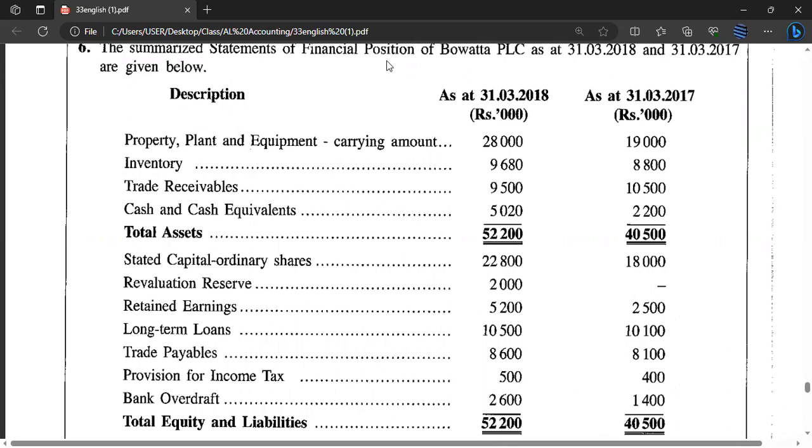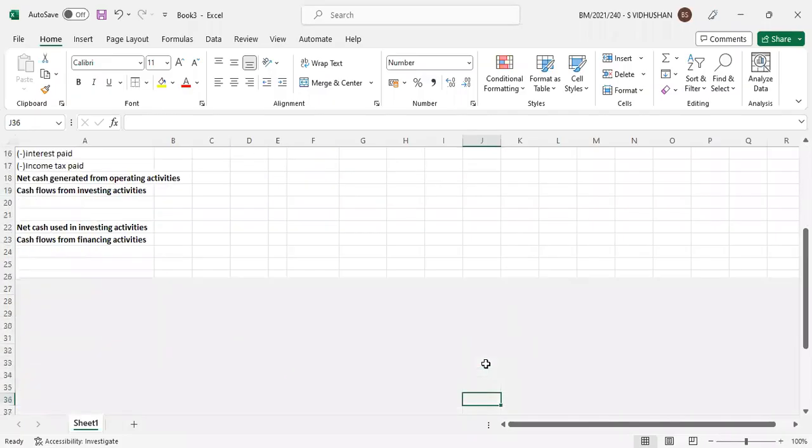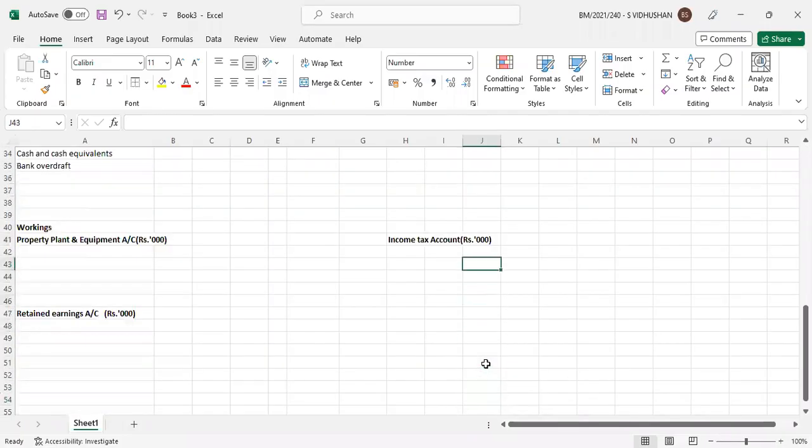Now we need to find out how much cash was paid for income tax, because in the cash flow statement we need to record the cash inflows and outflows. So let me do a working for the income tax account.